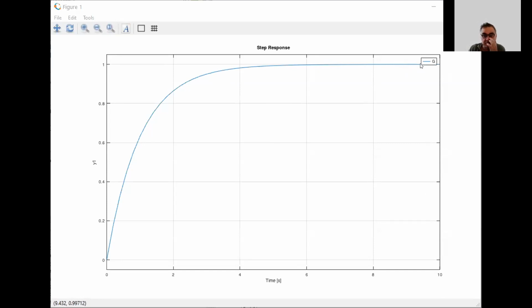The steady state value is 1, as you see. 4 time constants is the usual thing. I think you get to 98% of the response. Maybe in 5 time constants, you get to like 99% of the response. So this is a first order system step response.